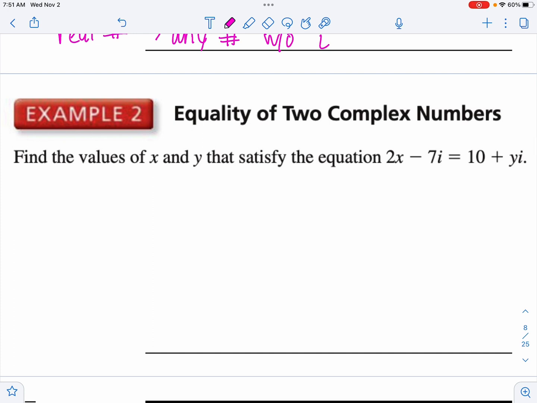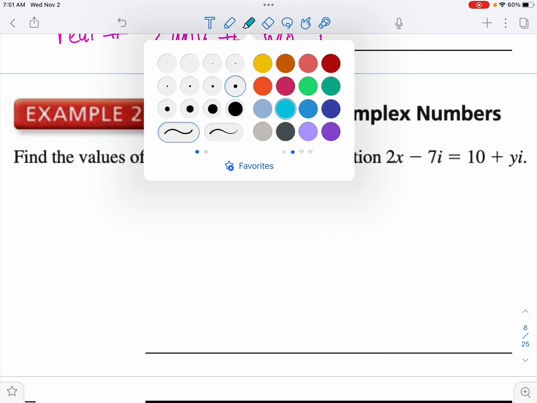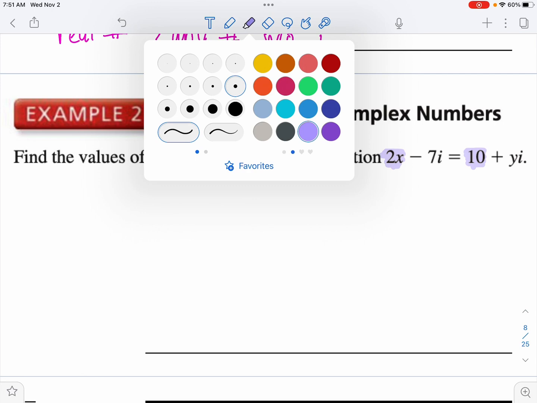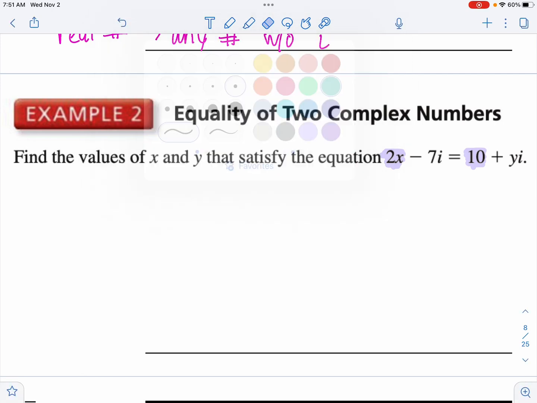So the second example, and this is the last example we'll do, and we'll continue on Friday with complex numbers, is where we solve for x and y. And what we want to do, I'm going to color code this, and I would suggest you do this. We're going to match the real portions, so the portions that do not contain an i, and we're going to match the imaginary portions.